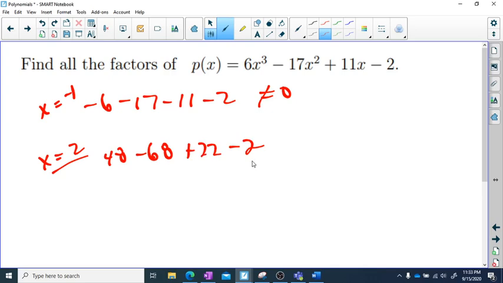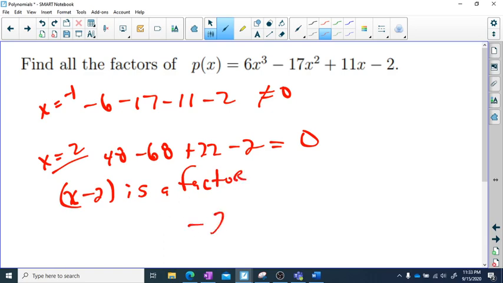Did I do that right? 48, so that's going to be 70. That works. 70 and negative 70 gives me 0. All right, so that means that x take away 2 is a factor.